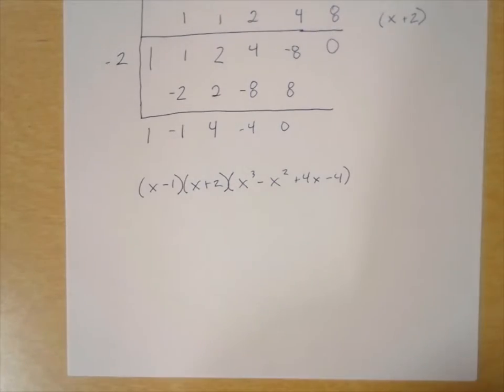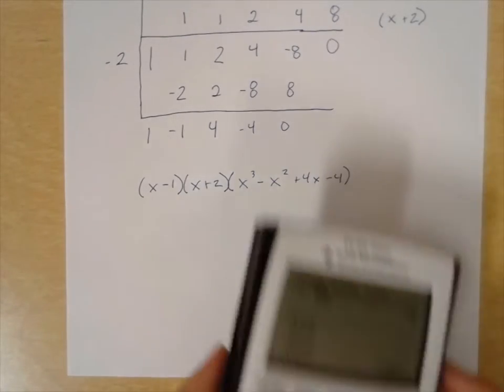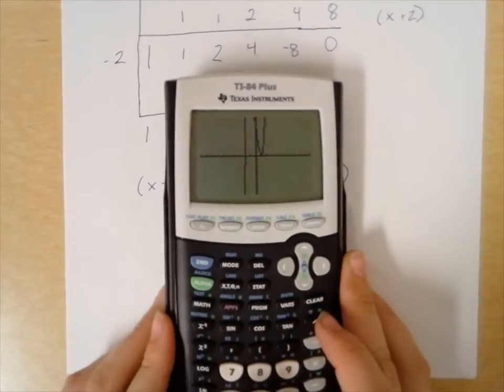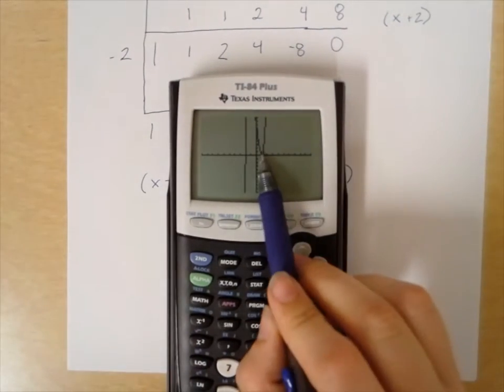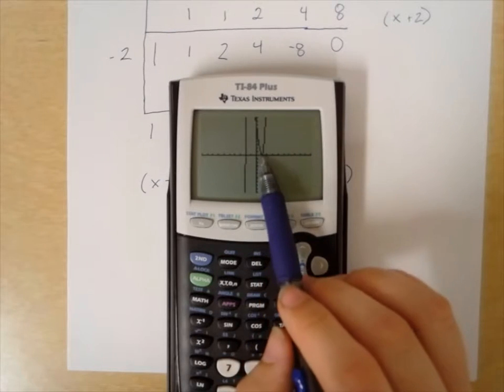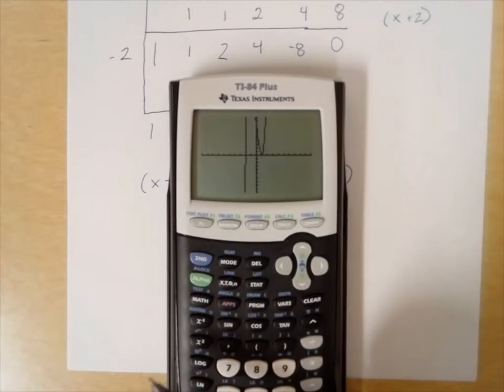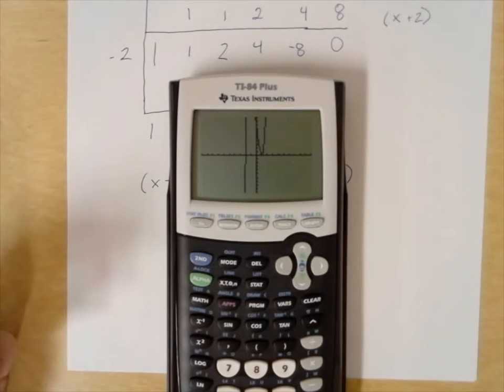And here's how I know that. If we go back to our original graph, take a look at what's happening at x minus 1, the factor of x minus 1, where our root is 1. At 1, our graph is touching the x-axis, so we know that that's a characteristic of a repeated root.